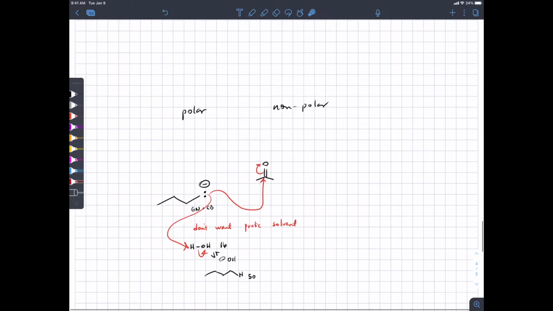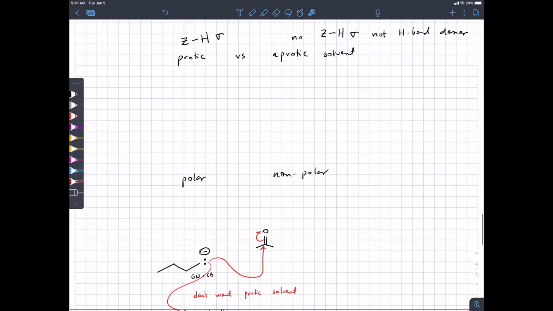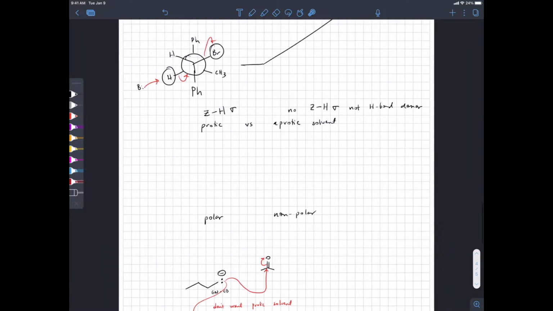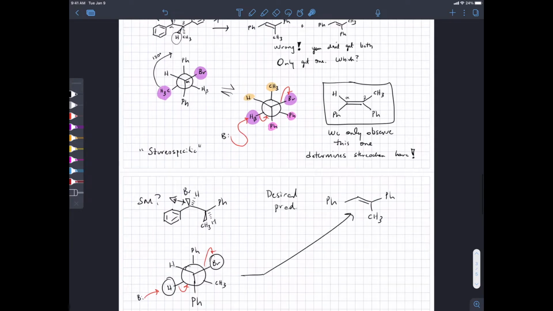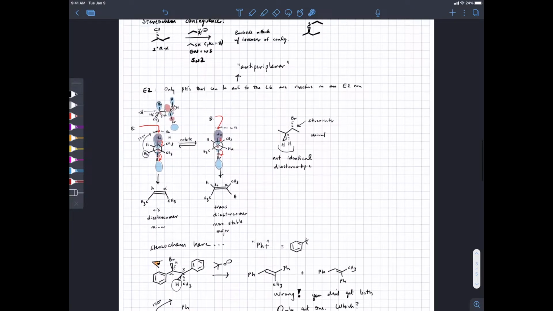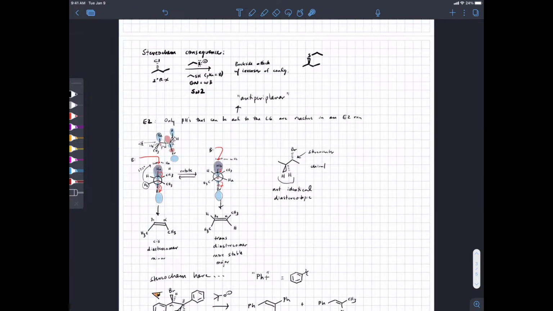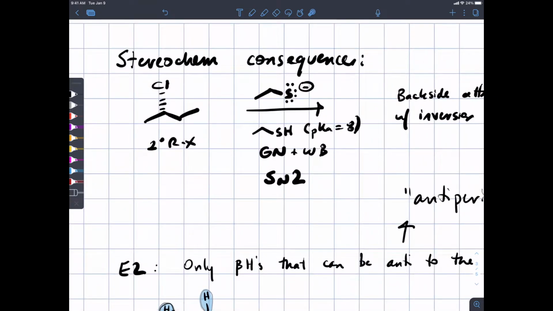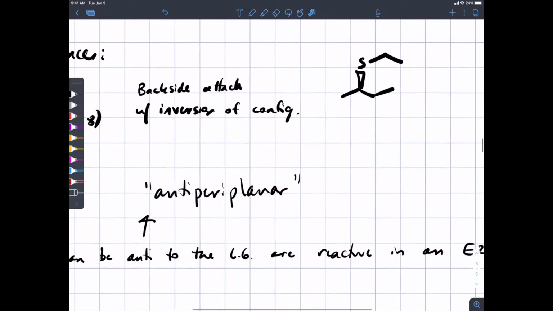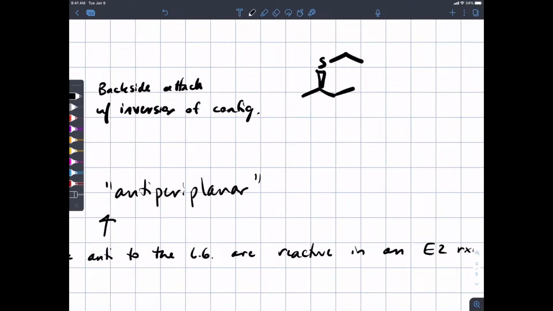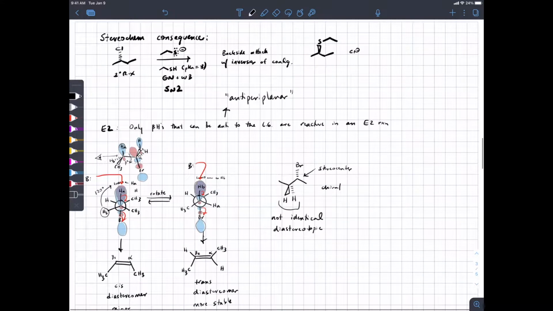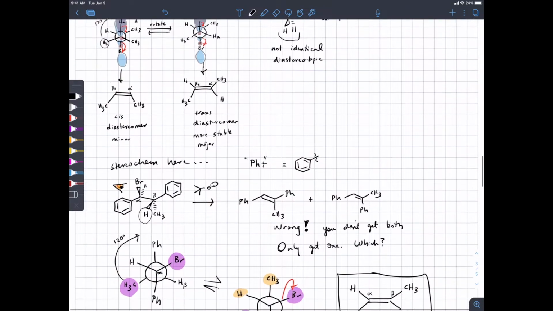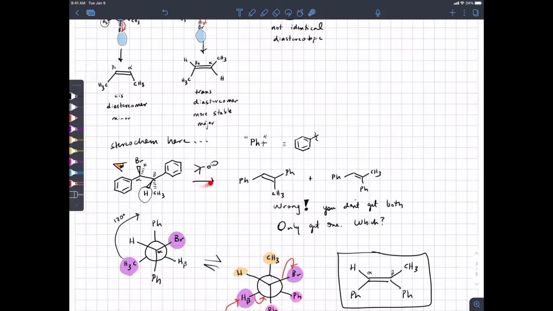The other reason it becomes important is that for these reactions, the SN2 reaction and the E2 reaction, notice that we're using charged molecules. We have a charged nucleophile, and after the fact, we have a charged leaving group. The same thing for the E2 reaction: we have a charged base and a charged leaving group.